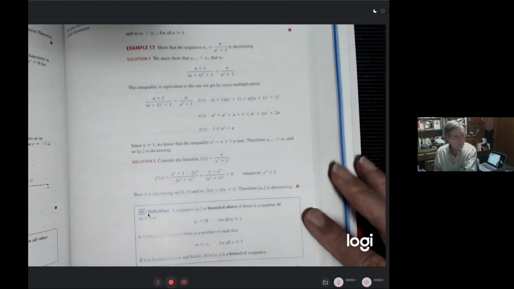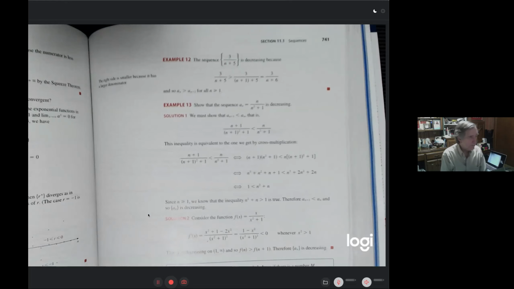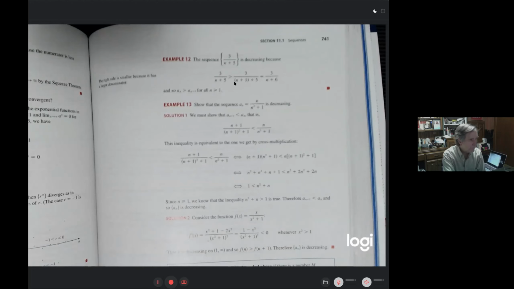Now, because of that definition, the author goes and gives you some examples of increasing or decreasing sequences. Now, how can you show something is increasing or decreasing? The first way he goes here is directly. In other words, he writes 3 over n plus 5, and he writes 3 over n plus 1 plus 5. This is the a sub n plus 1.